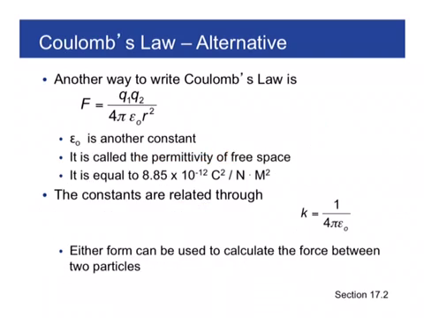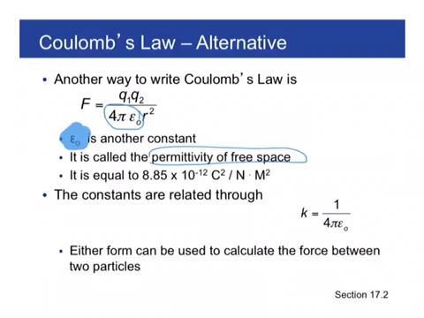Another way to describe Coulomb's law is to use a different constant. Instead of k, this formula uses 4 pi times epsilon naught. Epsilon naught is another constant. It's called the permittivity of free space. Just know that it exists. We're not going to use it.